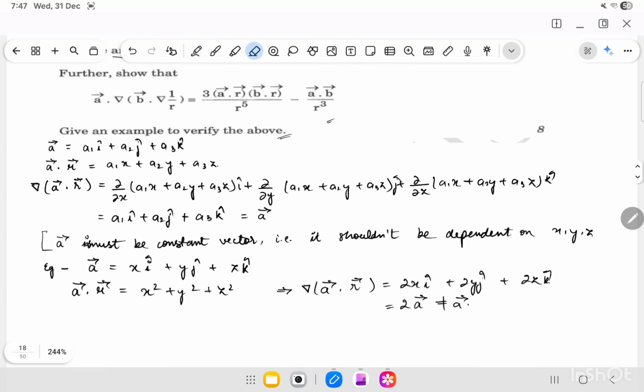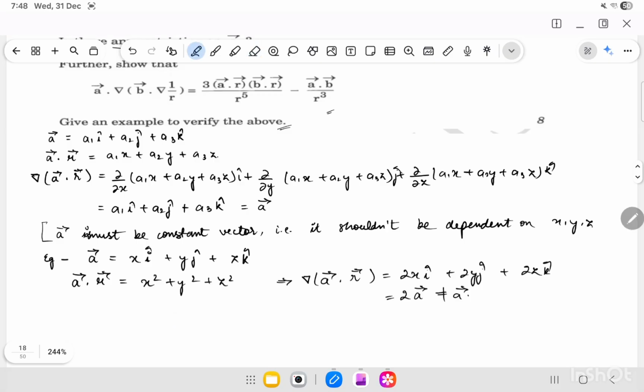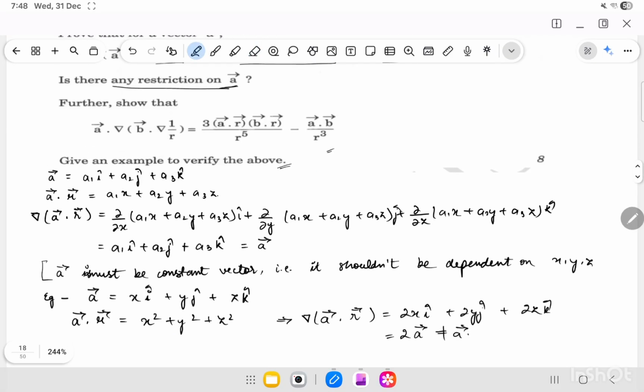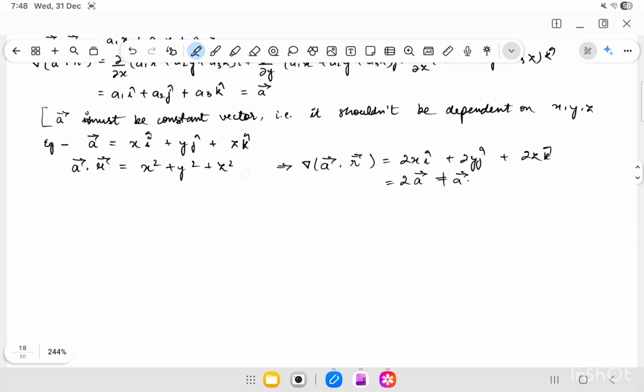Now we are supposed to prove another relation, that is this, and here A vector and B vector are any two arbitrary vectors. So in order to evaluate it, first we need to evaluate this term, because we'll be using it to show the relation.